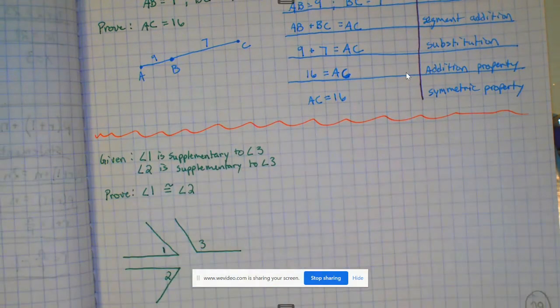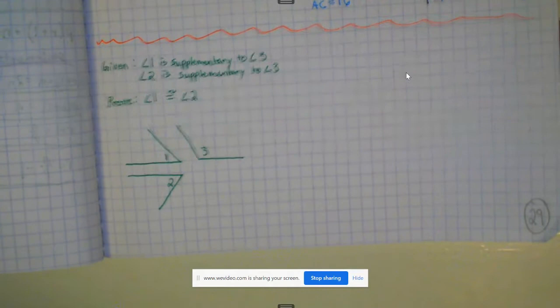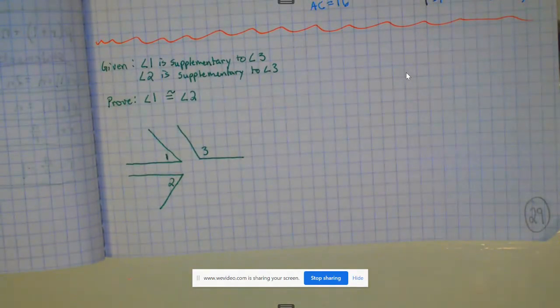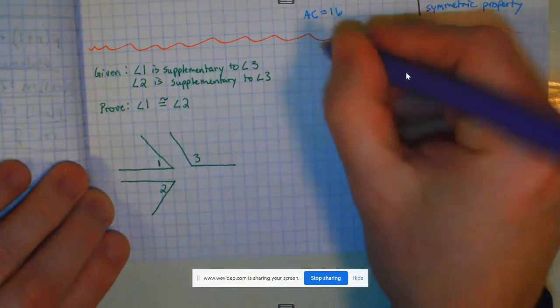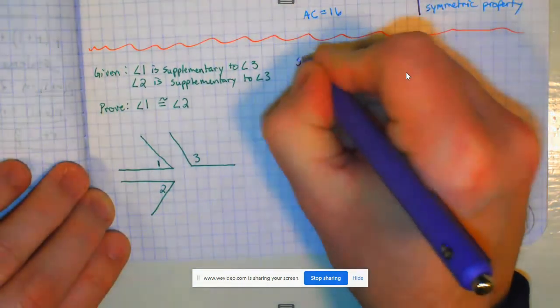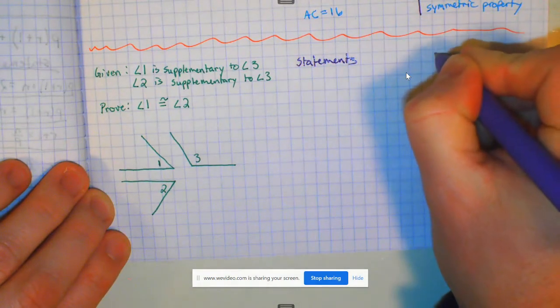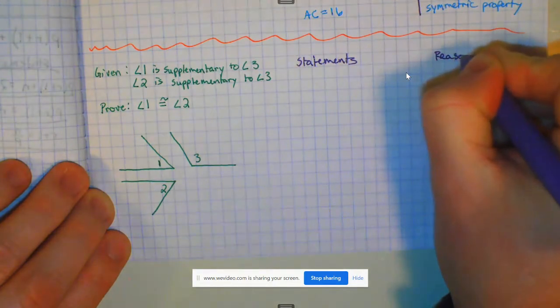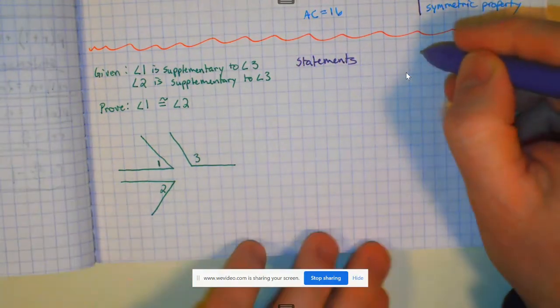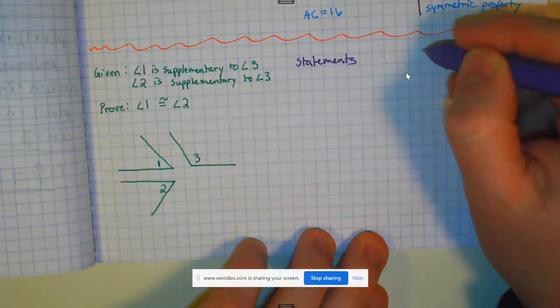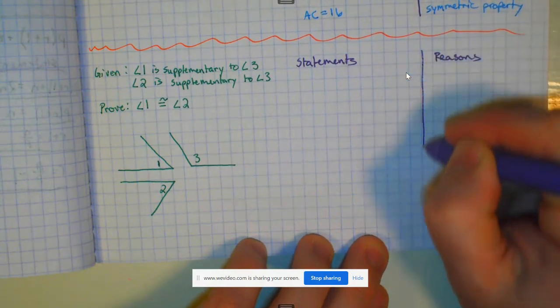So nothing super helpful here on this diagram, but they do give me something. Okay, so we have statements and reasons, and we may need the whole rest of the page here.